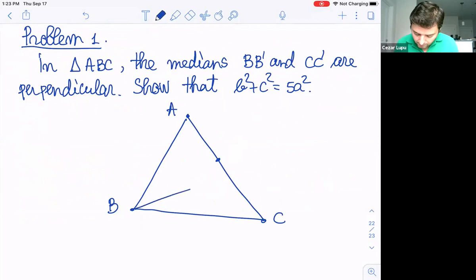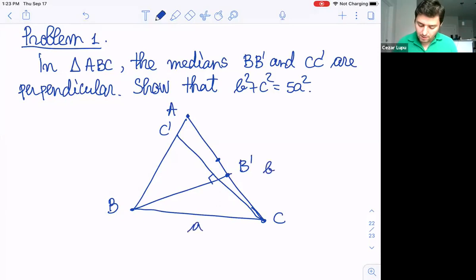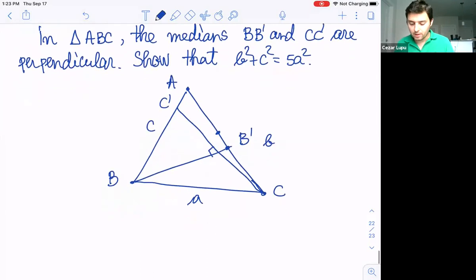So let's say it's here, B prime, and I'm going to draw this one here. We know that this is perpendicular to this. It doesn't look that way, but let's assume that. And this is A, this is B, and this is C, the standard notation for the triangle.